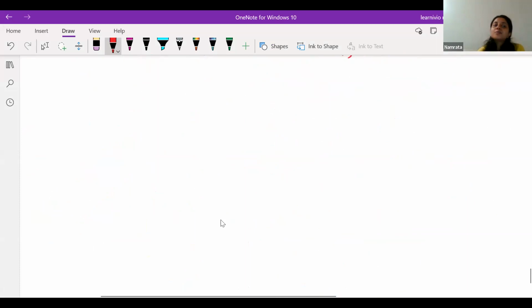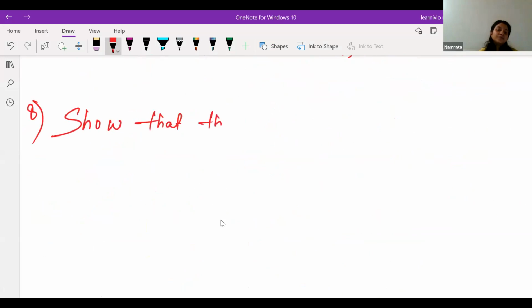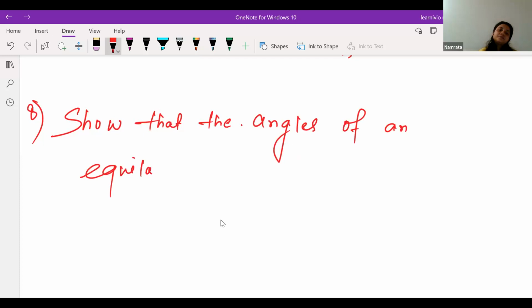Now, the last question from this exercise is question number 8, which says, show that the angles of an equilateral triangle are 60 degrees each.